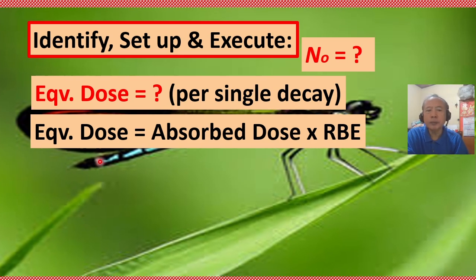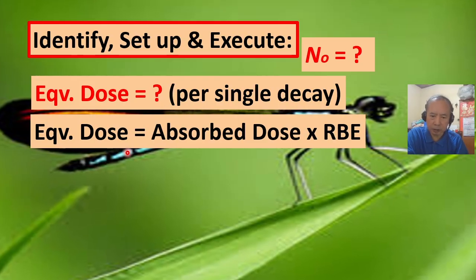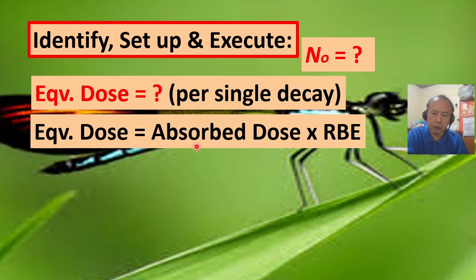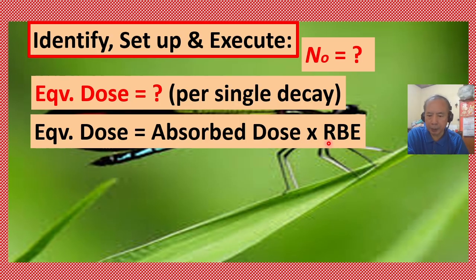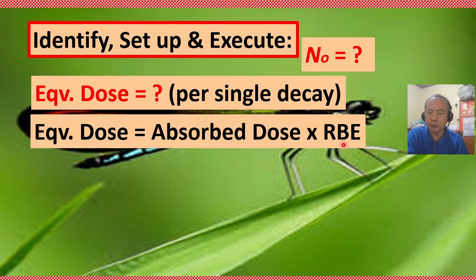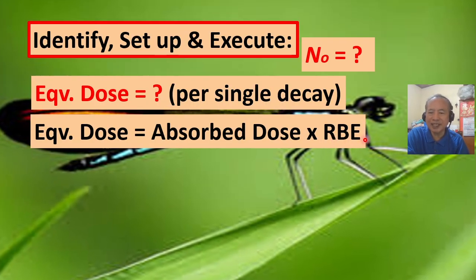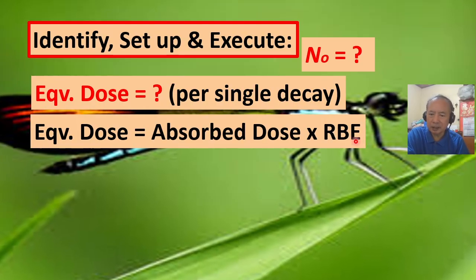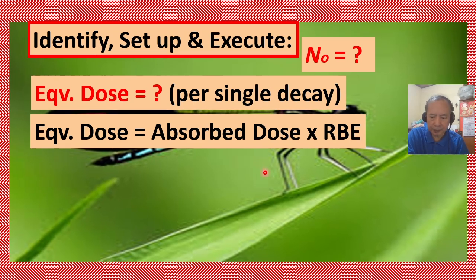The formula to calculate this equivalent dose is given here. It is equal to the amount of the absorbed dose multiplied by what we call RBE, short for the relative biological effectiveness of the radiation that is used.